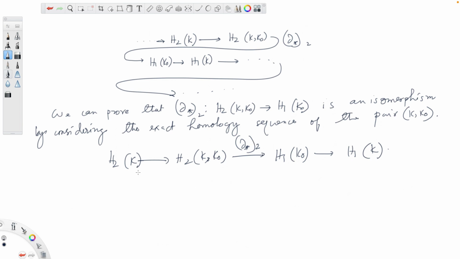For the particular example, H2 of K vanishes. And similarly, H1 of K also vanishes. So the exact sequence that we are looking at is as follows: 0 to H2 of K comma K0, to H1 of K0, to H1 of K, to the trivial group, because that also vanishes, and this is del star of 2.